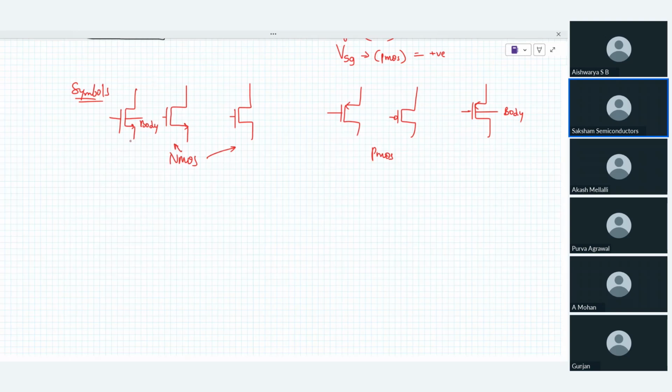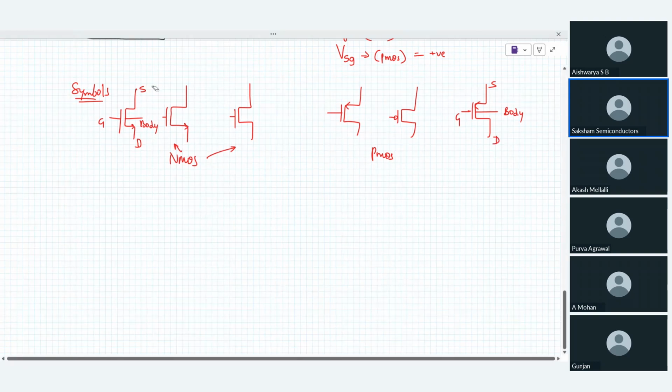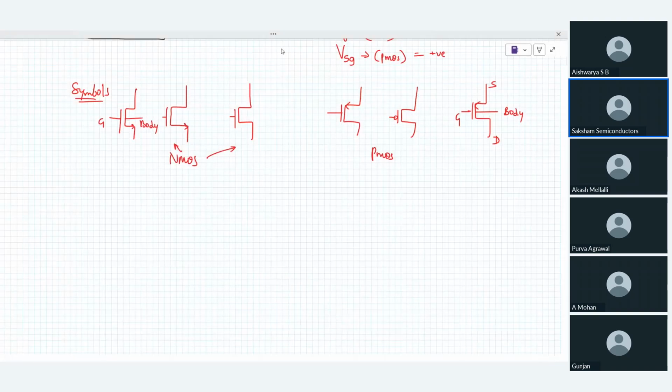Now, if I consider this particular NMOS, and say this is source, drain, and gate, and again let's consider source, gate, and drain for the PMOS, and let me name it that way.